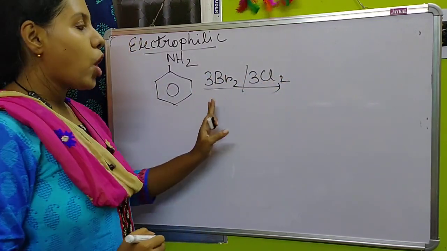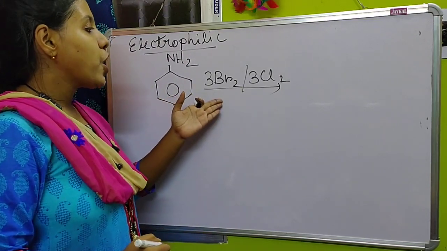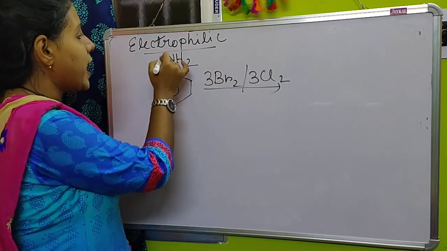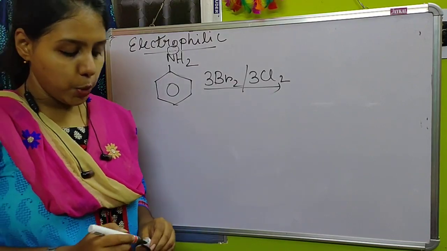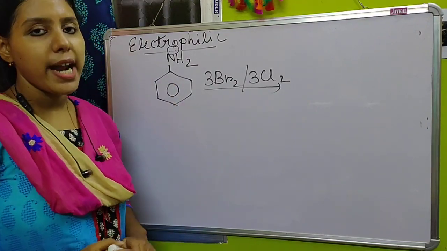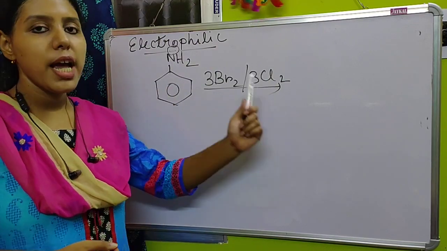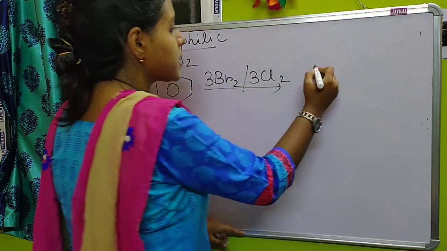So addition of bromine or chlorine will take place. NH2 is an ortho and para-directing group. So whenever we react this compound with bromine or chlorine, the bromine or chlorine will be added at 3 positions.